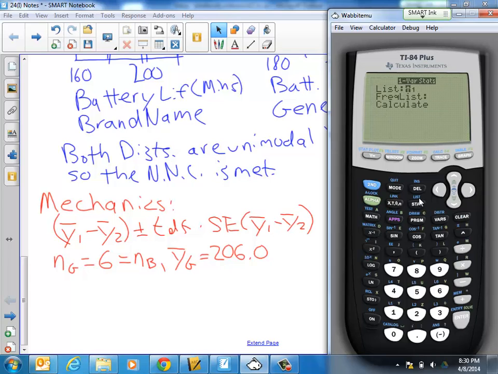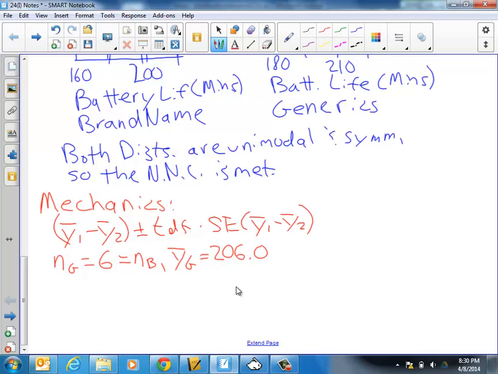Instead of L1, we will choose L2. That's where my generic data is kept. Frequency list, don't worry about, calculate that. And there you go, 206.0 for the generic mean. And the generic standard deviation is 10.3 here.